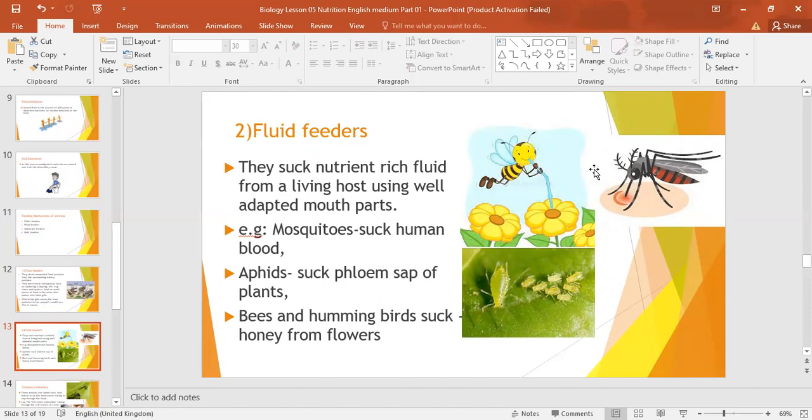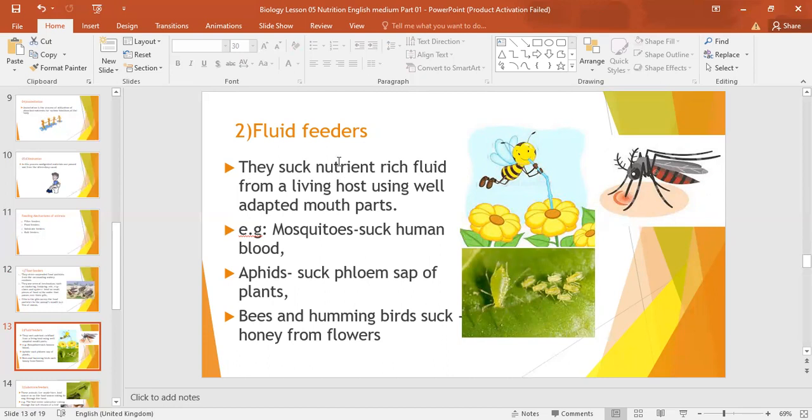And here we can see in mosquitoes, female mosquitoes are feeding on our blood for developing their eggs. But male mosquitoes do not suck our blood. They suck phloem sap from plants, like in aphids.